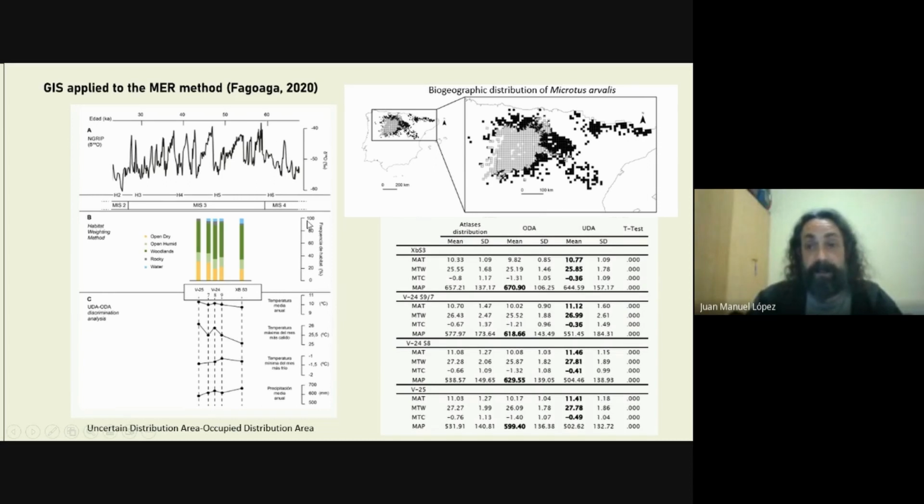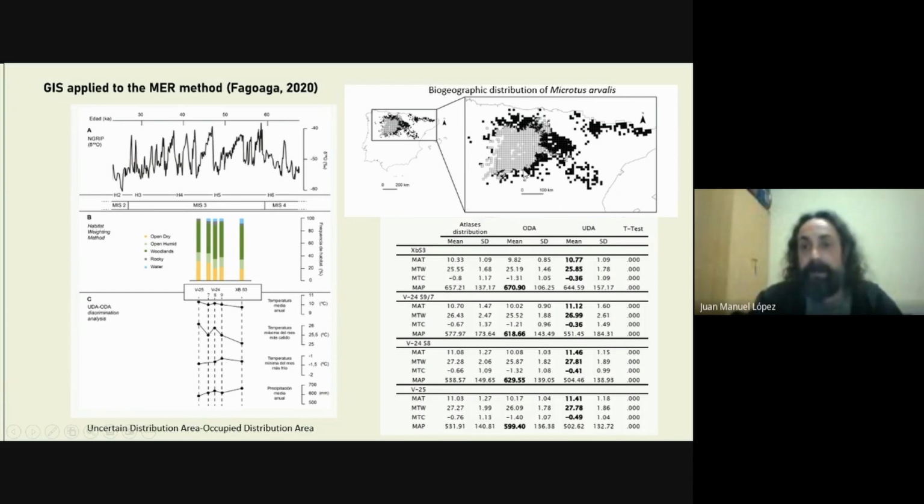Another thing that we have worked on in the last years is the improvement of different methods. This is the MER method, the method that I explained to you about the intersection of the species. With this new improvement, we can calculate the potential distribution of the species to make the calculations of temperatures and precipitations more accurate.